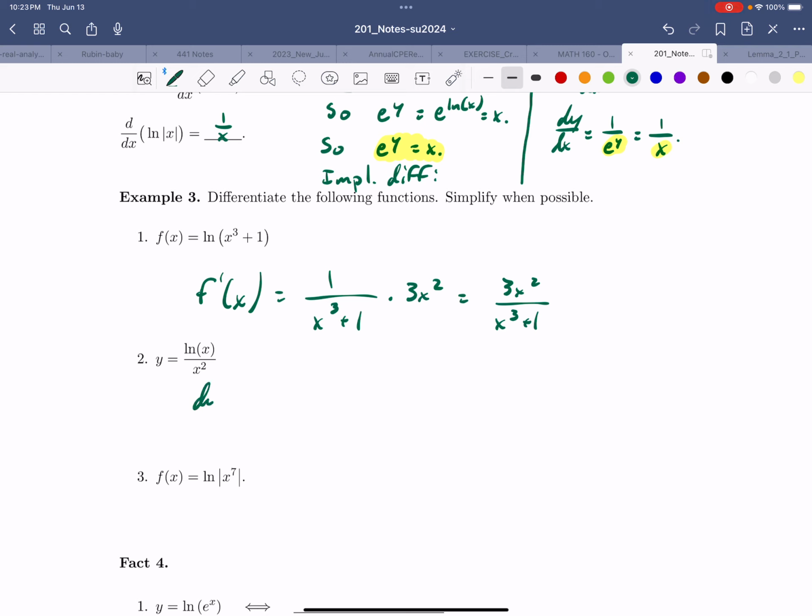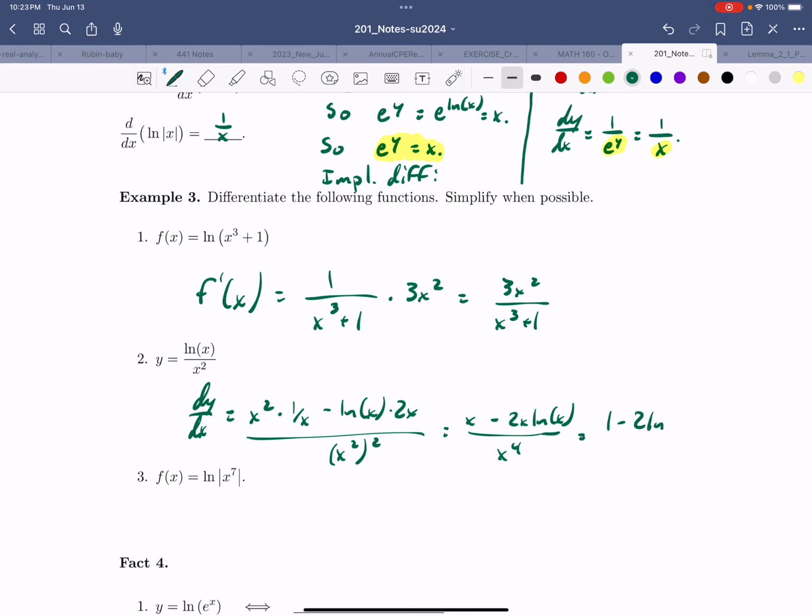We have to use the quotient rule here: low d high minus high d low, all over low squared. And this is kind of nice. We can simplify this a little bit. We've got x squared times 1 over x is x. So we have x minus 2x ln of x all over x to the fourth. And we can cancel a factor of x, so you wind up getting 1 minus 2 ln of x over x cubed.